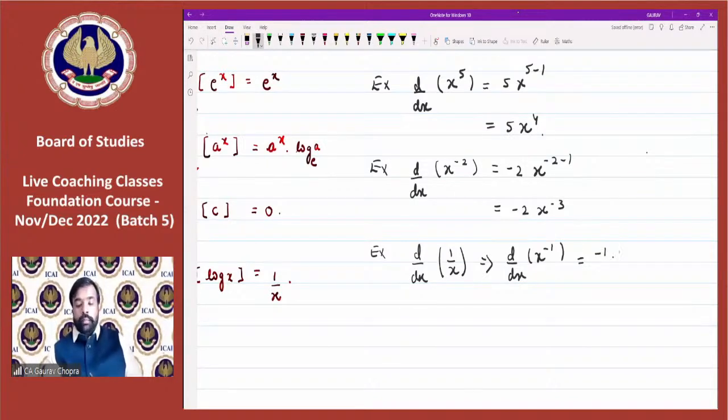Minus 1 multiplied by x to the power of minus 1 minus 1. So it will become minus x to the power of minus 2. And it can also be written as minus 1 by x square. Both are the same. Okay.